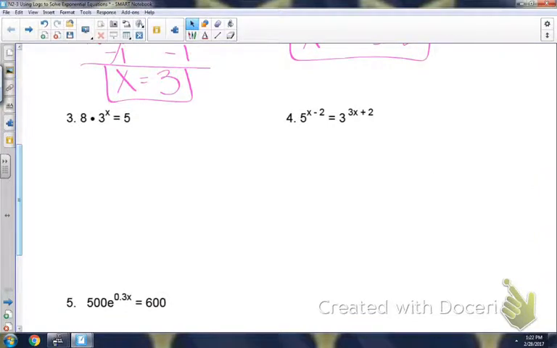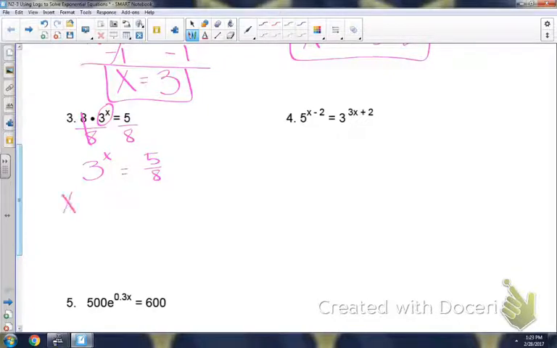Okay, so looking at 3, remember the first step is to isolate the base with the exponent. The base with the exponent is this 3 to the x there. So we need to get rid of the 8 starting out. So divide both sides by 8. Let's go ahead and leave it as 5 over 8 there. Okay, so now we have the base by itself with the exponent. So now I'm going to take the log of both sides. I'm going to go ahead and skip the step and go ahead and write the x in front of the log of 3. Because that's the reason why I'm taking the log of both sides, is so that way I can get rid of that exponent and make it a coefficient.